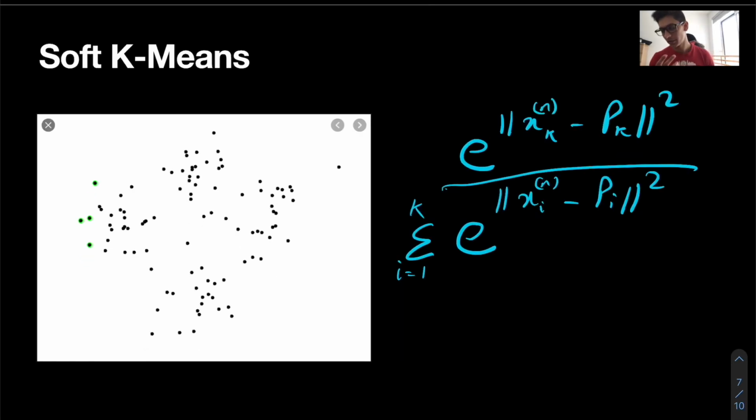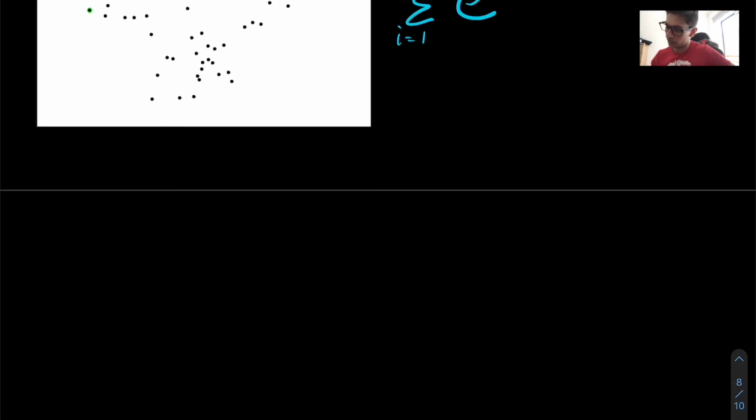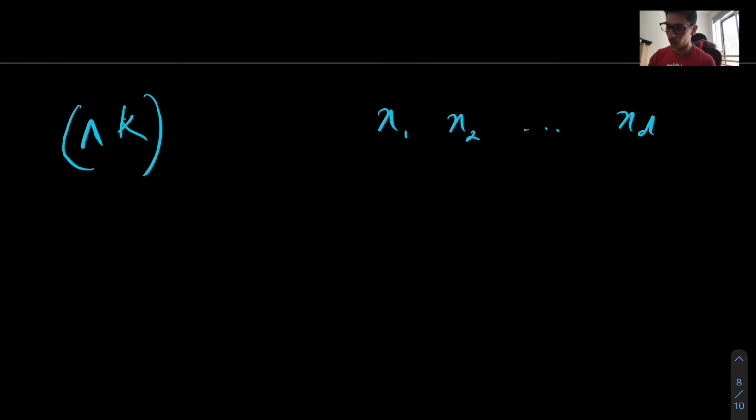Okay, so we can finish off by talking about the runtime complexity of the algorithm. Let's say we have n data points and we have k centers. Now we are calculating the distance of each data point from each center, so we're doing n multiplied by k operations for that. Now let's say our data points are in d dimensions, so each one is represented by a vector, say x1 all the way to xd.